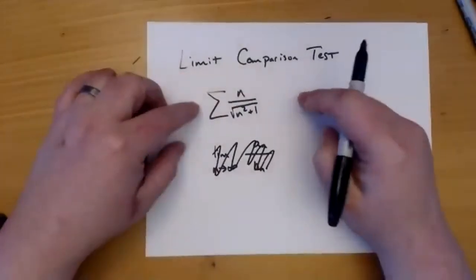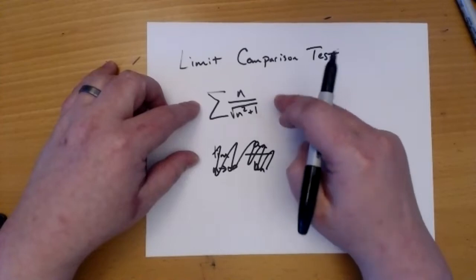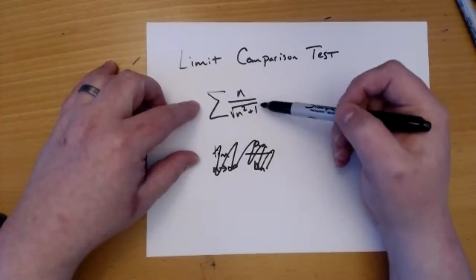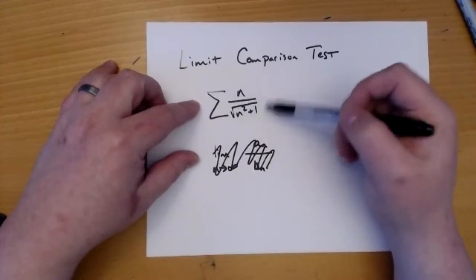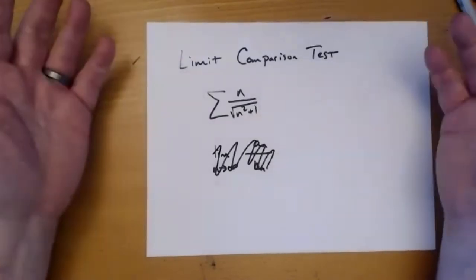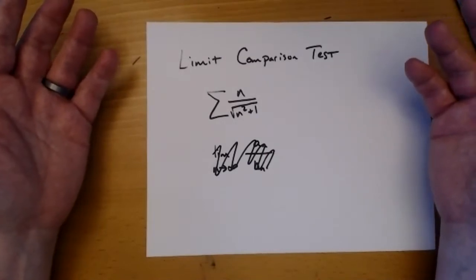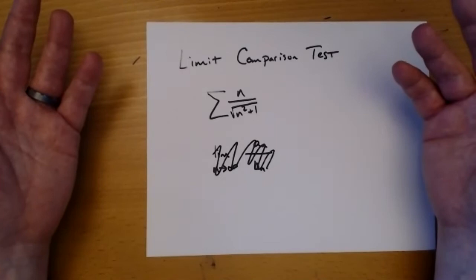The idea behind the limit comparison test is that you look and see what happens in your head as this thing gets bigger and bigger. Does that plus 1 mean anything after a while? Not really, right?